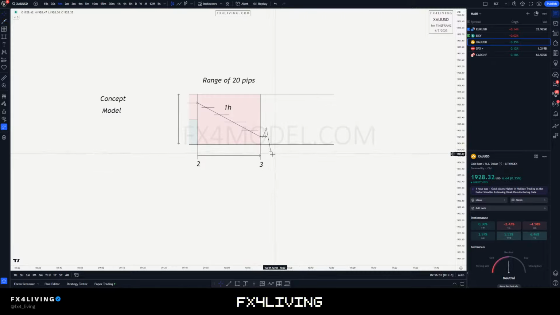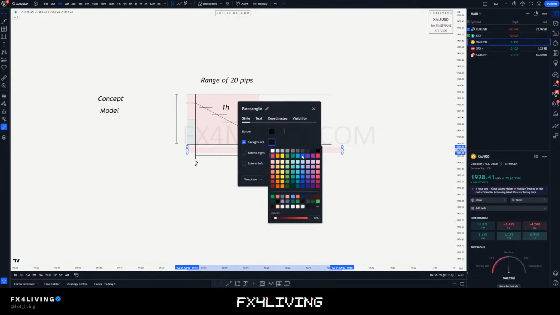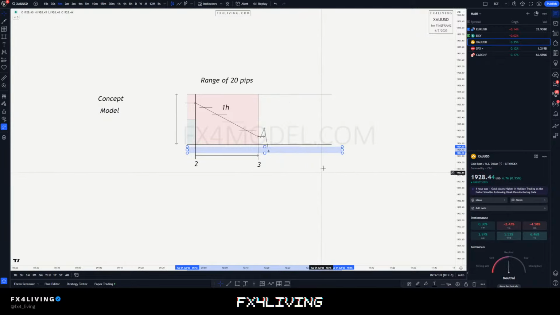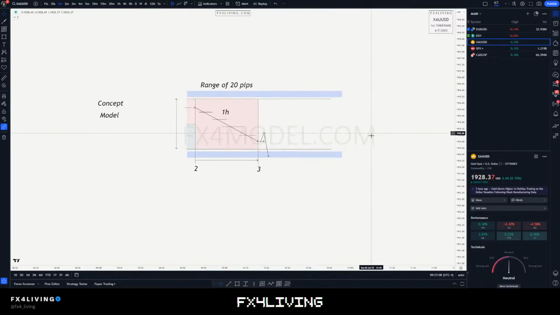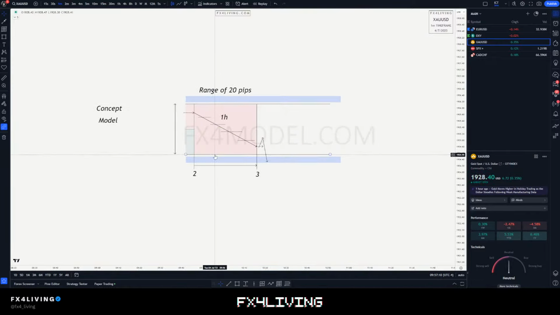For example, if we take this external liquidity here, something I need to explain very quickly as well: this is an external liquidity range. What does that mean? That means this is your range, your external liquidity range, right?